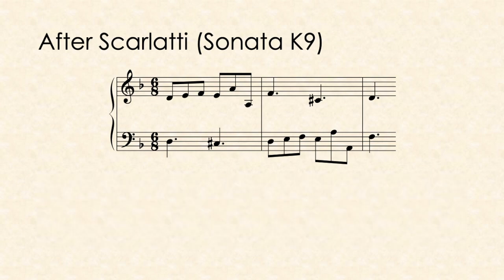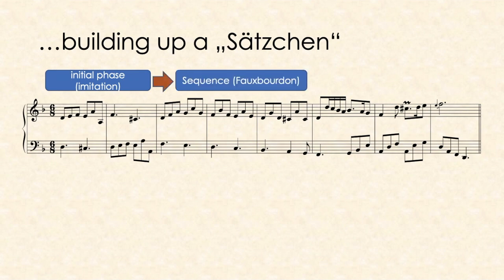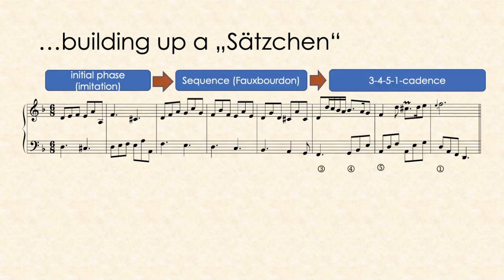The next step would be to build up a whole musical sentence, which means adding a sequential episode followed by a cadence. Here is a proposal. I just keep it very simple by adding a faux-bourdon as a sequential episode and attach a 3-4-5-1 cadence. This is what it sounds like.